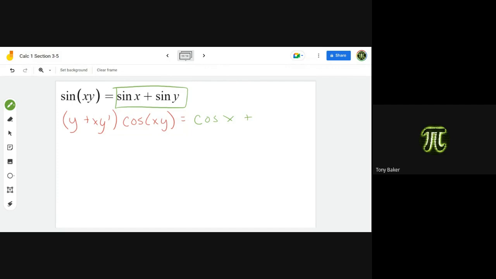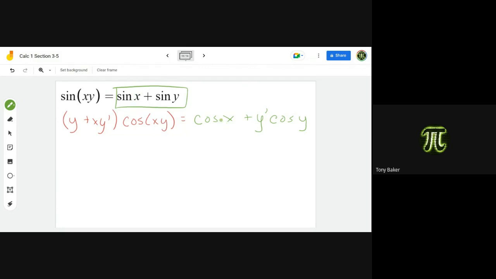Just remember the y prime needs to go not inside the cosine. So I would put the y prime first, because it's still the chain rule. You're doing the derivative of the y, which is y prime, and then cosine y. You're in essence doing the chain rule for this one too.